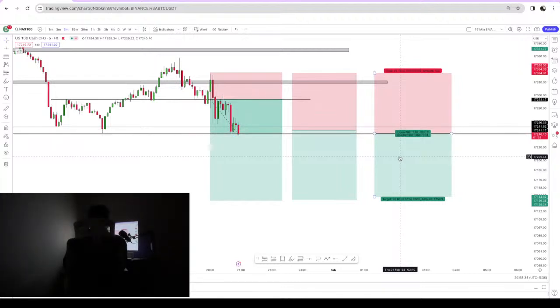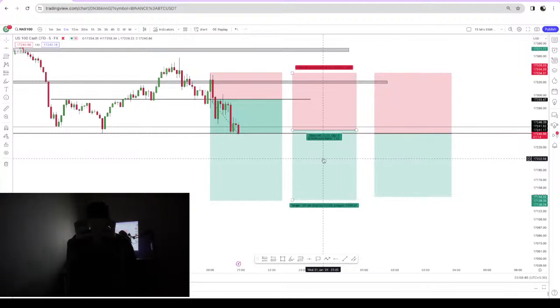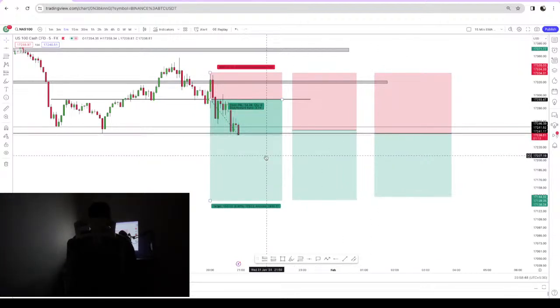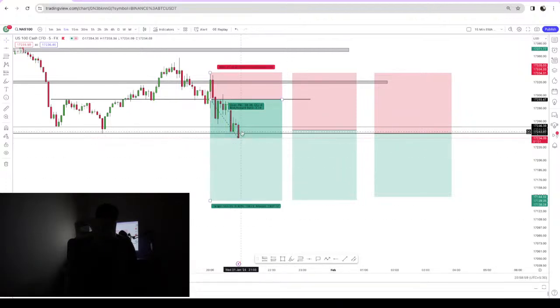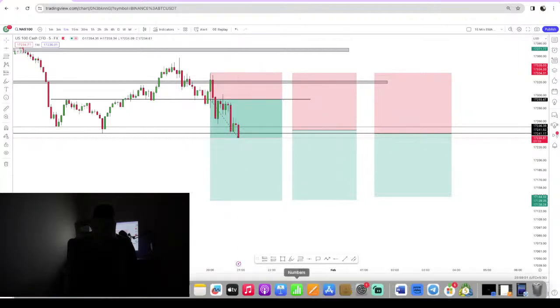Okay, so we'll add more position. Let me do some mathematics and calculate. So I'll add 0.04 lot more if this candle closes here.